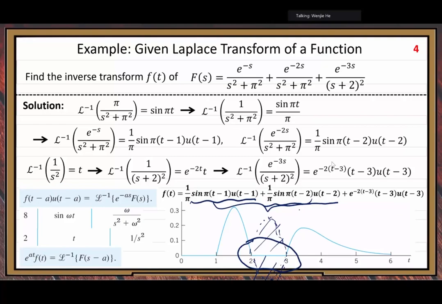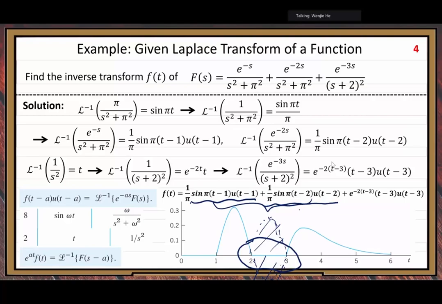So after this point 2, they cancel out everywhere. Positive, negative, exactly the same value, so the sum of the first 2 terms is always 0 after 2.